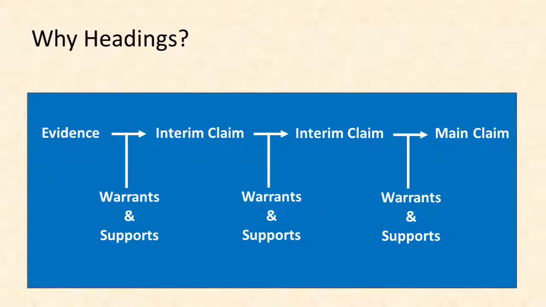And so as you're writing a document, you have to frame those arguments and support them with other people's work and with research. These series of claims with their interim claims, warrants, and supports can quickly become complex. And so headings are used to help us and readers make sense of those claims and remember where they are in the argument.